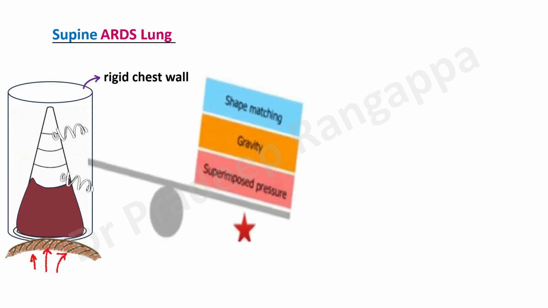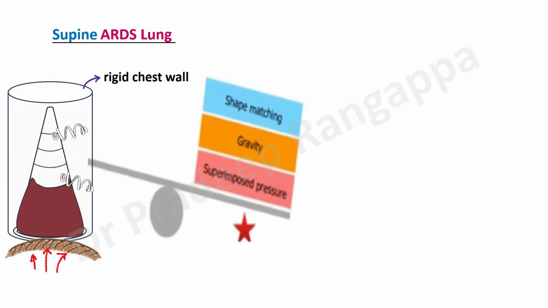In the supine position, there are three components burdening the lung and affecting oxygenation, which I've been re-emphasizing: gravity, shape matching, and superimposed pressure. When we talk about superimposed pressure, it's the heart, which applies more pressure on the basal aspects of the lung.